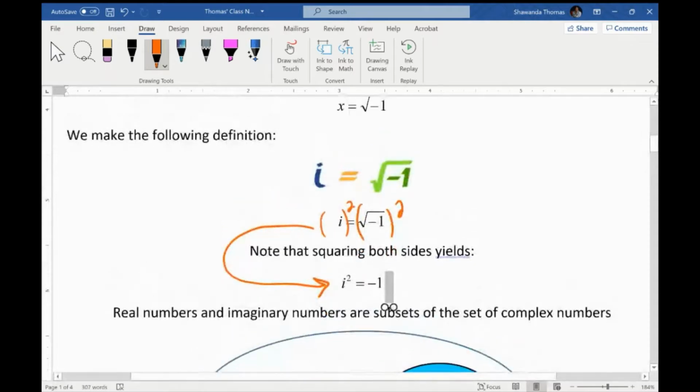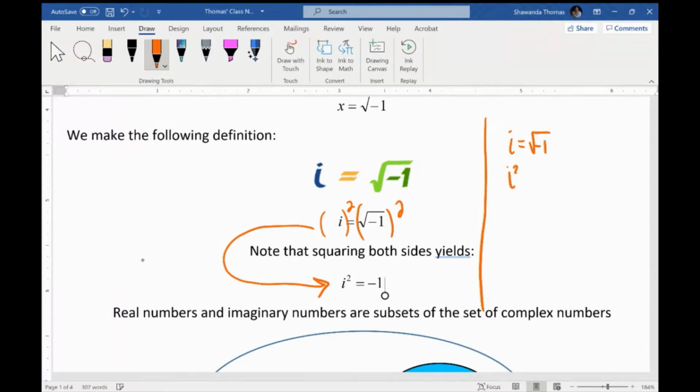Any questions so far? Let me write it over here. i equals the square root of -1. i squared equals what? -1, because if you square a square root, the radical goes away.